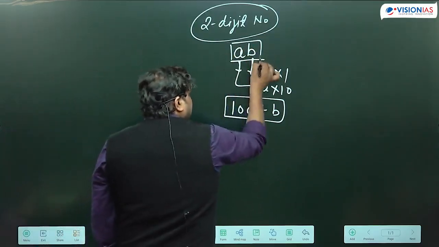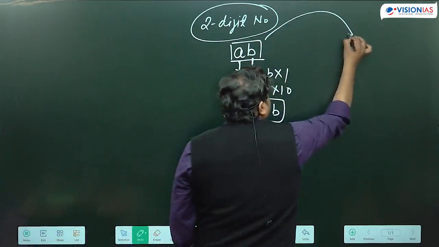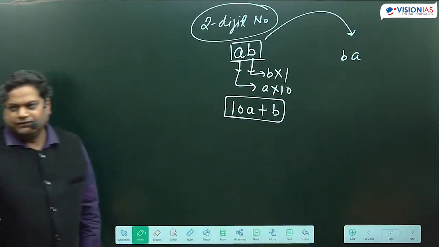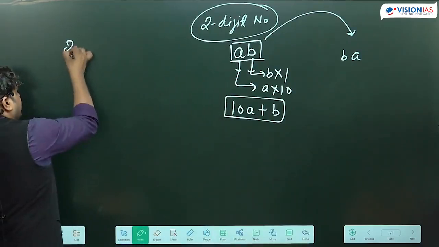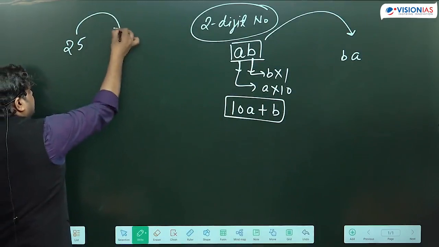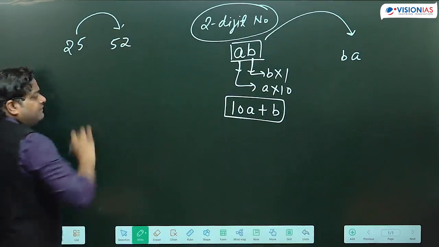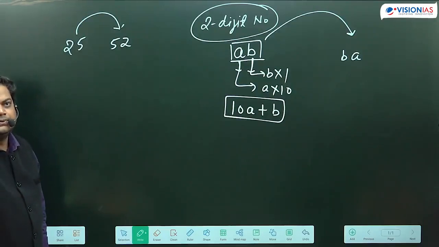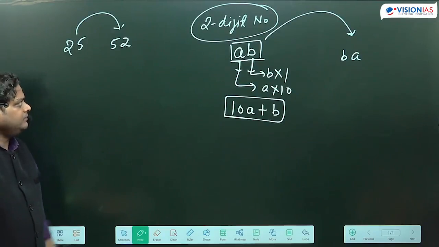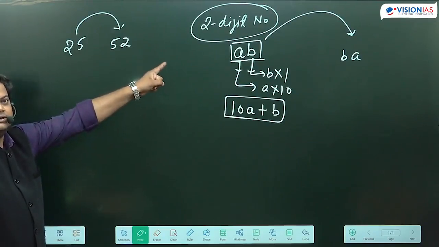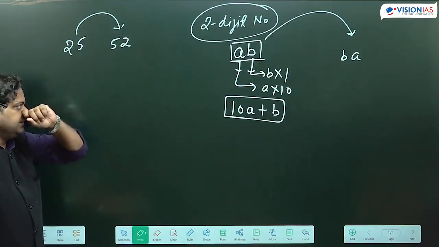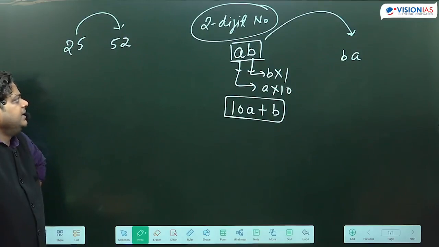इसमें there is one case, if we reverse the digits, like 25 is a number, if we reverse the digits, it will become 52 or not? 52. ठीक है, तभी तो 2 digit वाला चल ही रहा है कि total 90 2 digit numbers are there, 10 से start होता है till 99.